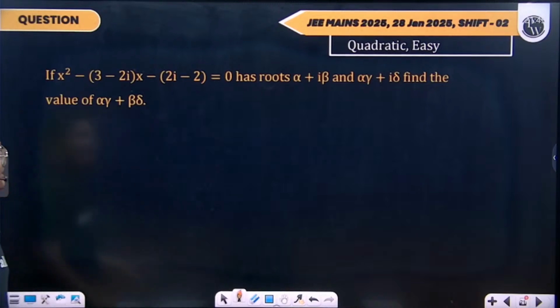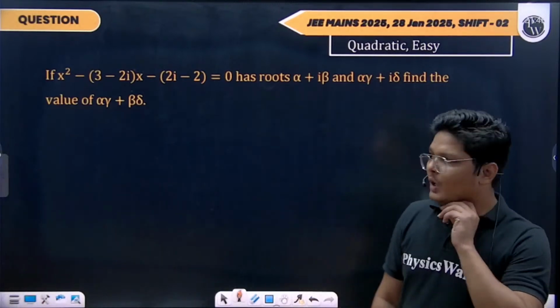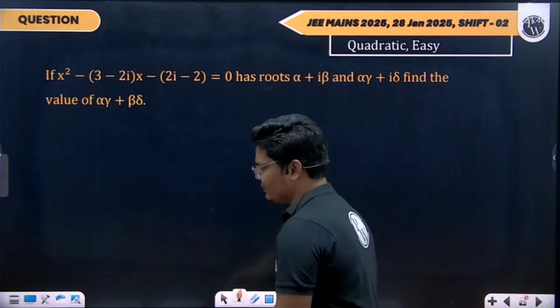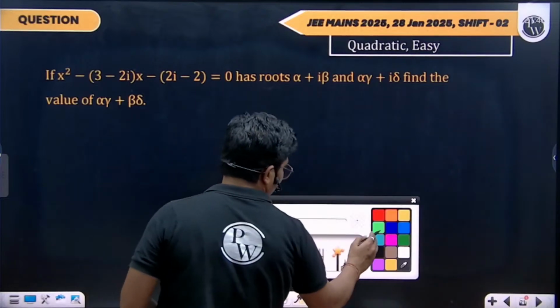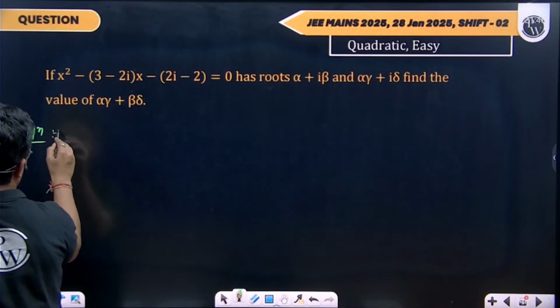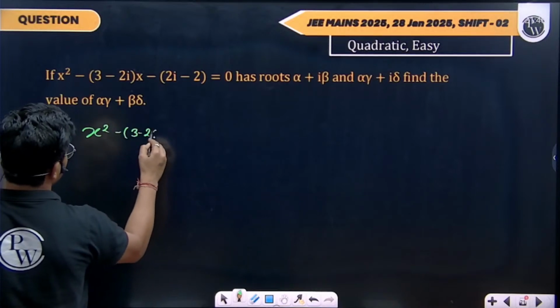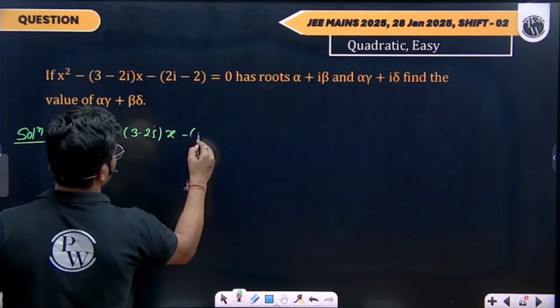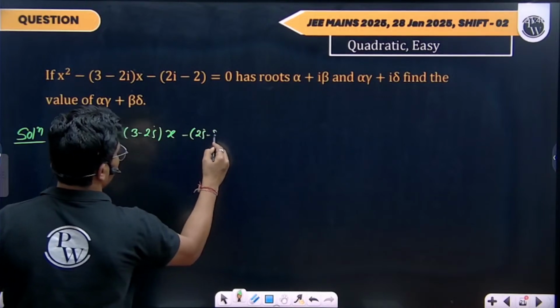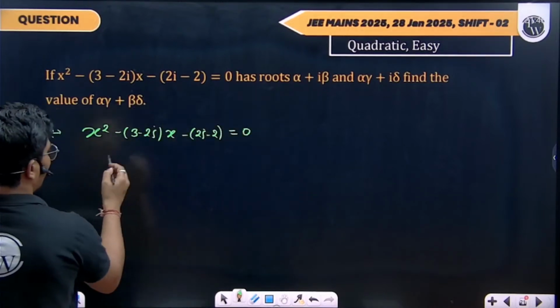So this question is from complex numbers and we have been given an equation in complex coefficient form. So let's start with the solution part. So here the quadratic equation is given.